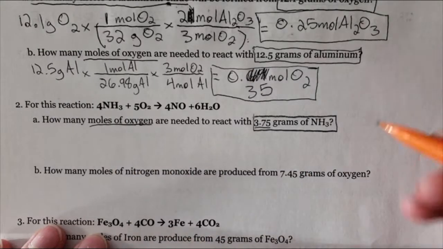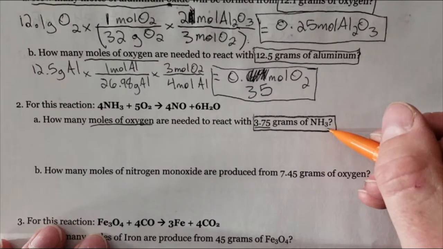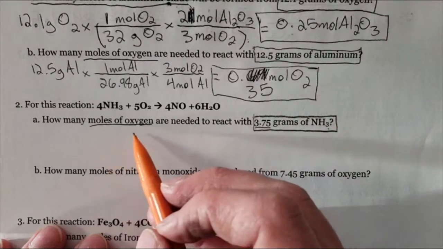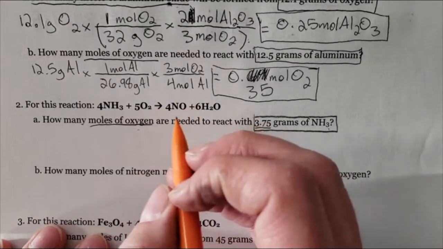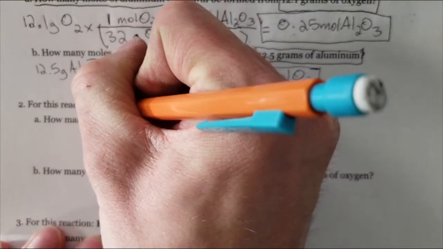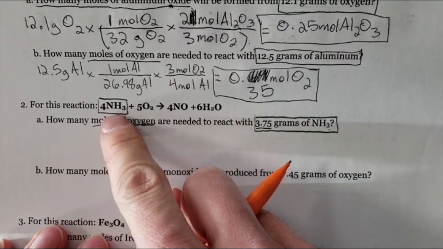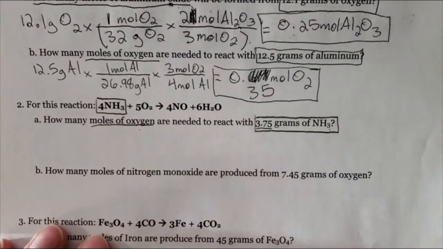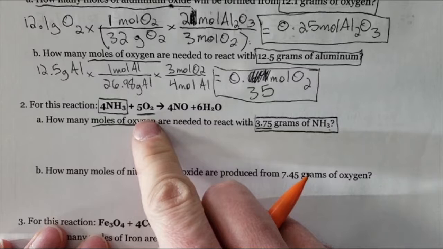Now, basically, since we have two different substances here, we have NH3 or ammonia, and we have oxygen. Let's actually draw a little bit of a diagram showing what we're starting with and what we're ending with here. So we're starting here with 4 moles of NH3, and we're going to be trying to get to oxygen here.